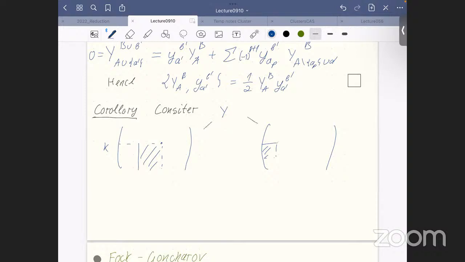And these y satisfy the cluster type Poisson bracket. And as a problem, I leave: find the coefficients.